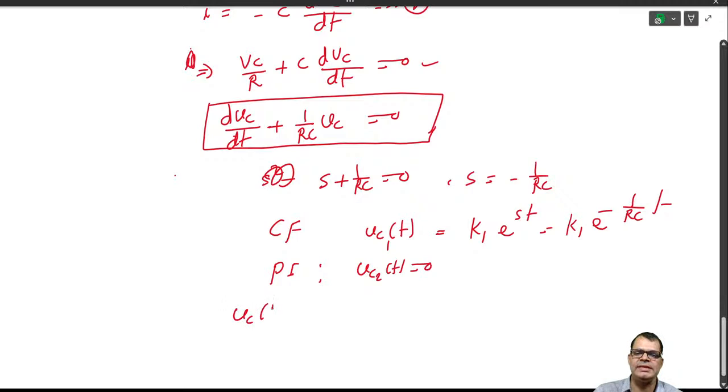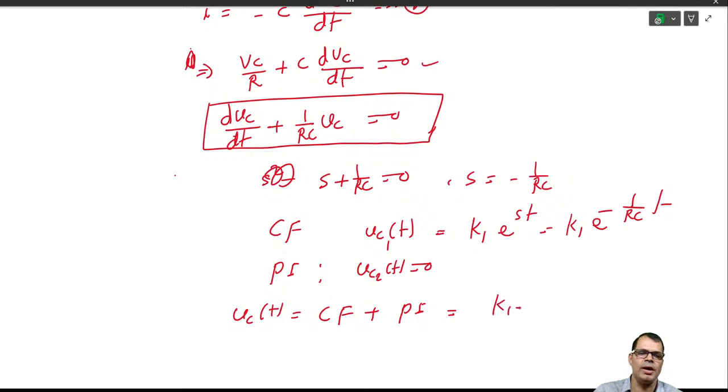So Vc(t) is the summation of the complementary function plus the particular integral, which is simply k1 e raised to the power minus t upon RC.